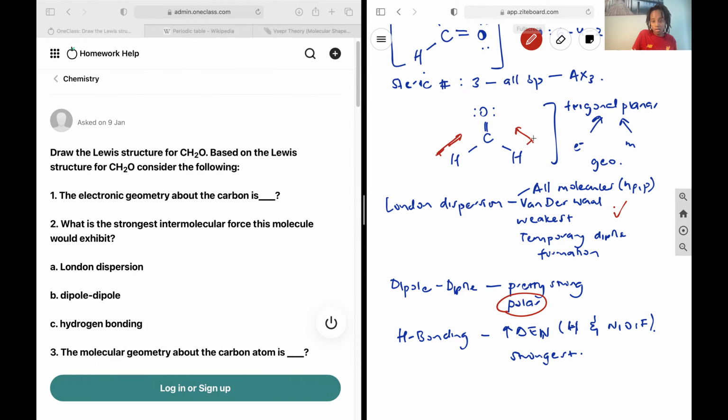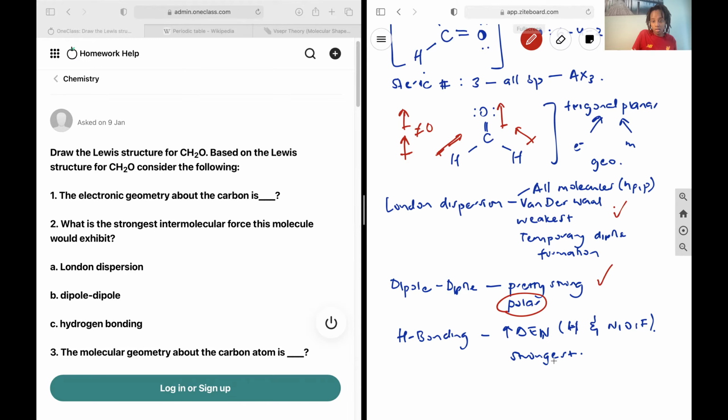And so carbon has a higher electronegativity compared to hydrogen, and oxygen has a higher electronegativity compared to carbon. And so what that means is that these two, since they're equal, the angular components will cancel out, leaving with the dipole pointing up. And you'll also have the dipole pointing up towards the oxygen. Clearly, these two cannot cancel, and it'll be non-zero, meaning that the molecule is polar. So that means that dipole-dipole forces are possible.